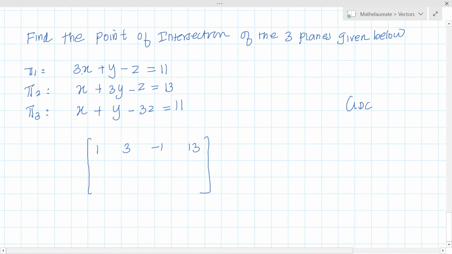And in the second row, I'm going to write the first equation coefficients: 3, 1, minus 1, 11. The third row, I'll write here down: 1, 1, minus 3, 11.